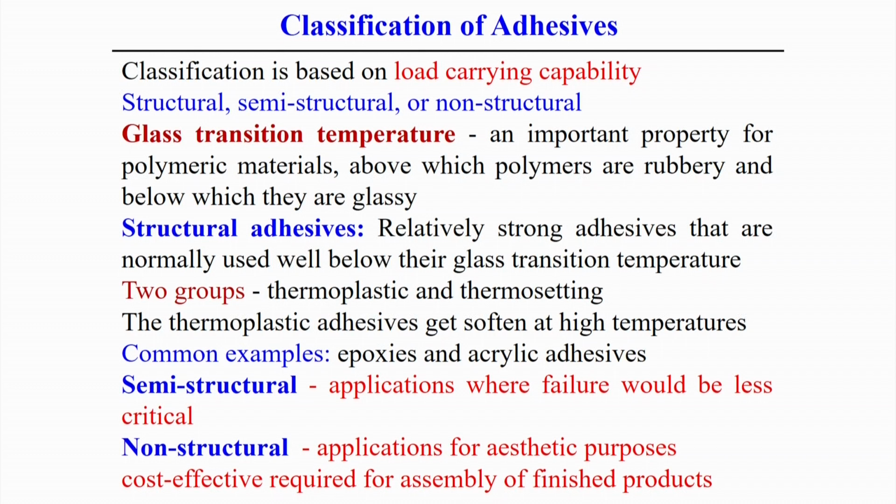So, these are the three different types of adhesives, structural, semi-structural and non-structural, based on load carrying capability. Structural adhesive has good load carrying capability, semi-structural a little less than that, and for non-structural, the load is not the concern; the importance is given to the aesthetic purpose.